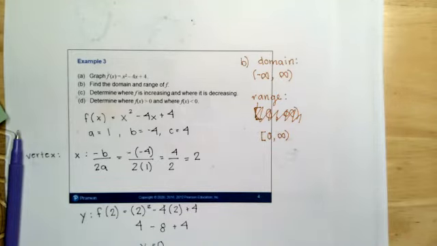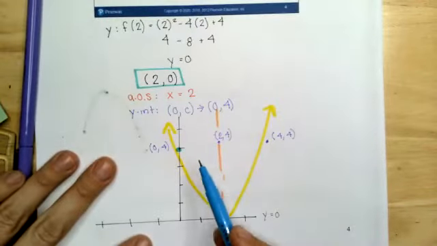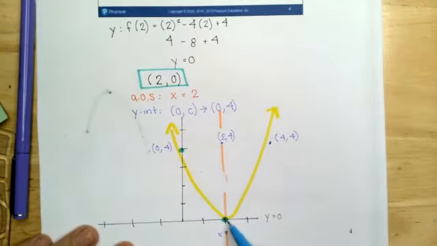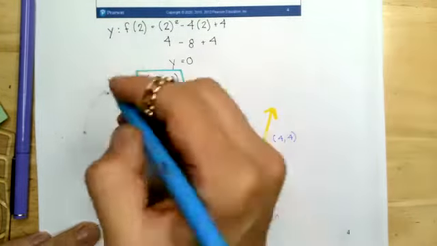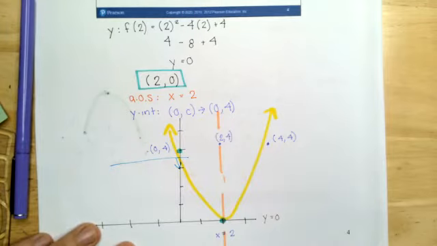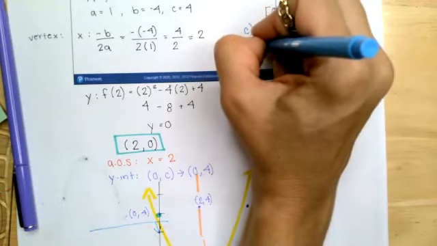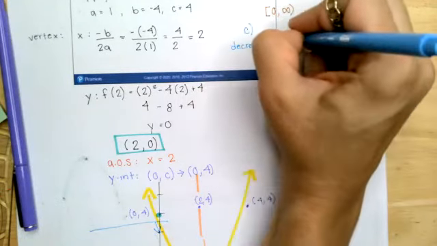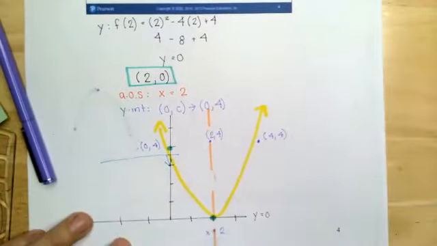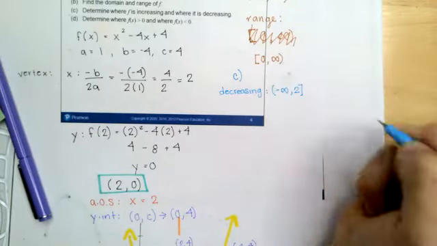C, where is it increasing and where is it decreasing? Again, we're just going to look at our parabola itself and specifically at our vertex. Our vertex is at x equals 2. So that means if I'm reading this, the first encounter is going to be decreasing. So we're going to say it's decreasing from negative infinity to what on the x-axis? To 2, including.